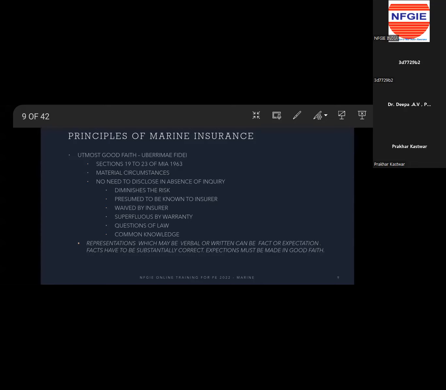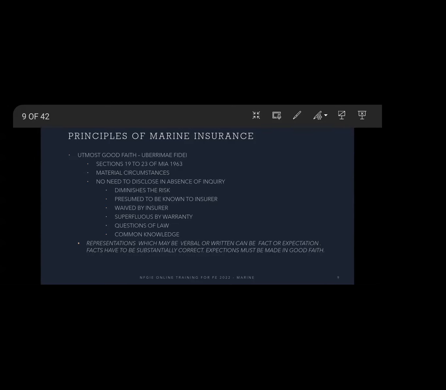Any information that is waived by the insurer, and any information, let us say you have inserted some warranty which says that you are not supposed to do things. If such a warranty is there, then that information need not be declared. Any questions of law and any facts of common knowledge, all these need not be declared to the insurer.